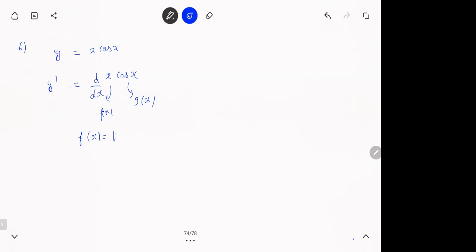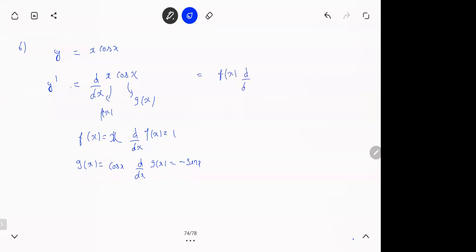So f of x is x. Differential of f of x is 1. G of x is cos x. Differential of g of x is minus sin x. Okay. Then substitute in the formula. What is the formula?